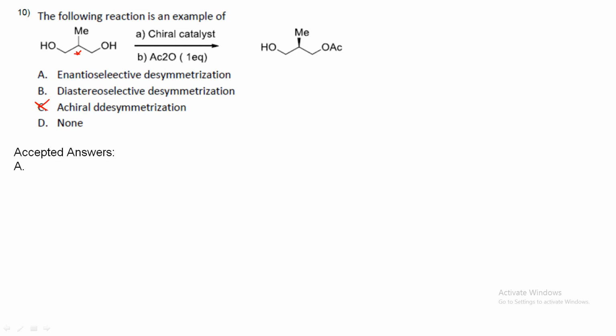Let's say it is in racemic form, and here we are generating the product. It could be diastereoselective only if one more chiral center is present. Otherwise, it is enantiomer.